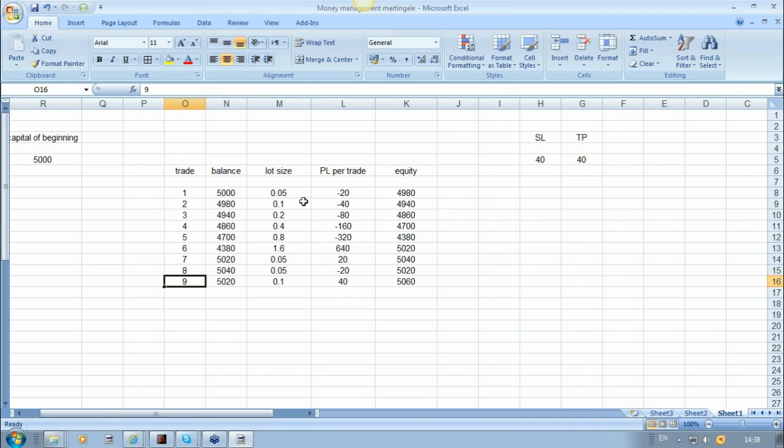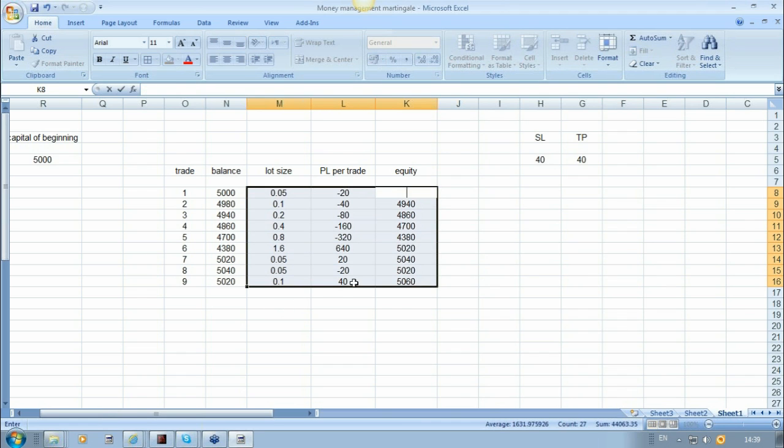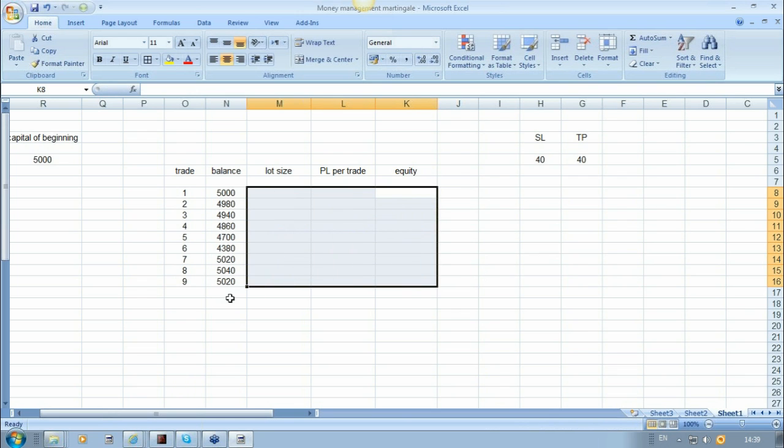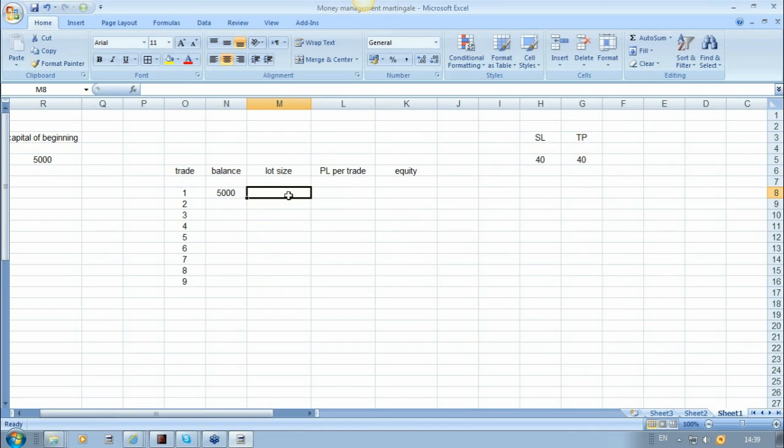There are many advantages and disadvantages. Why did I start without leverage? Just to make it feel more comfortable. If I started with 0.2, for example, and lost $80, then 0.4 and lost 160, right?